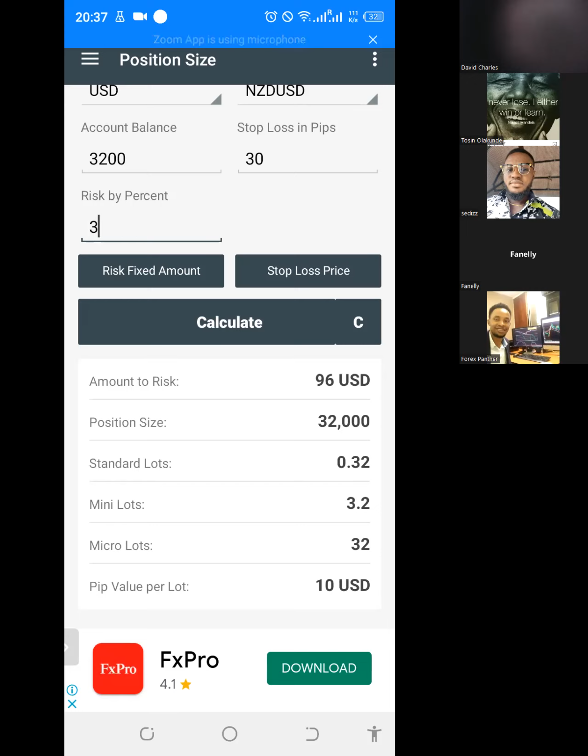What is our pip value per lot? So on each position, your pip value is 10 USD. So how many pips do we have there?